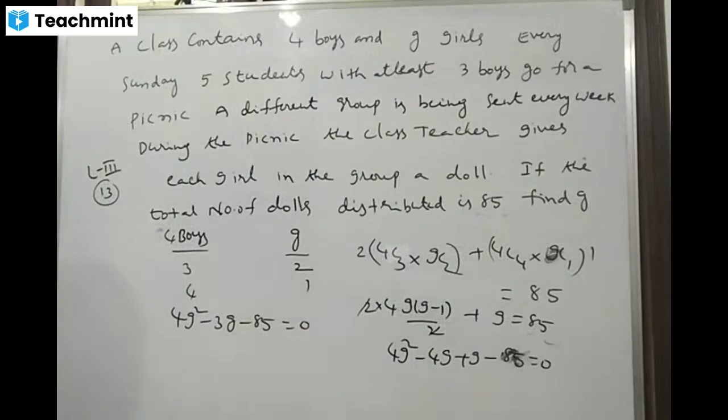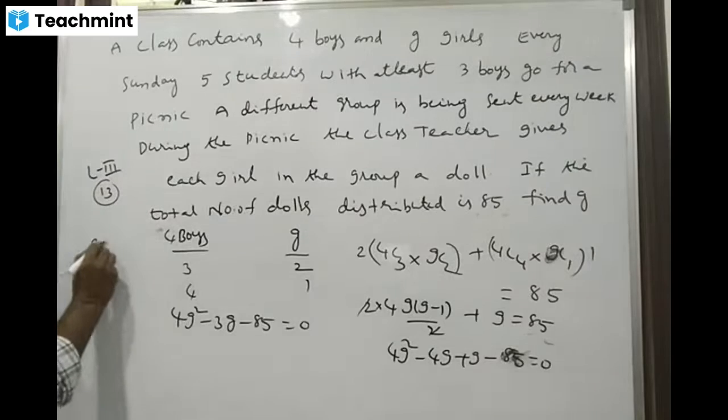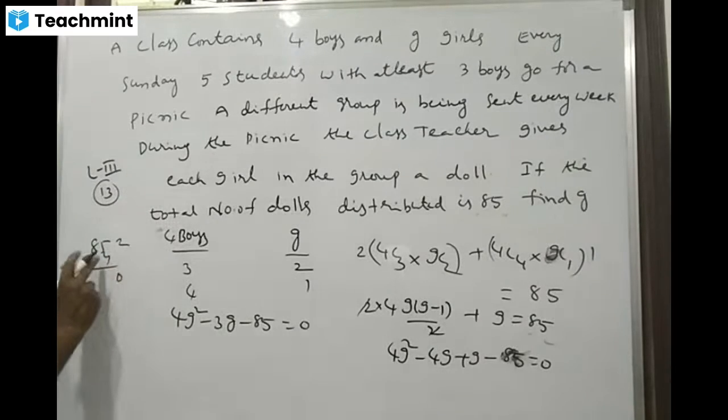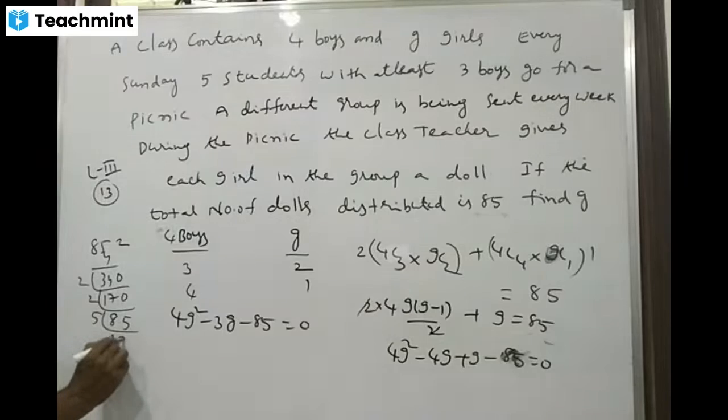Now factorize, students. 85 into 4 is 340. 340 is 20 into 17.